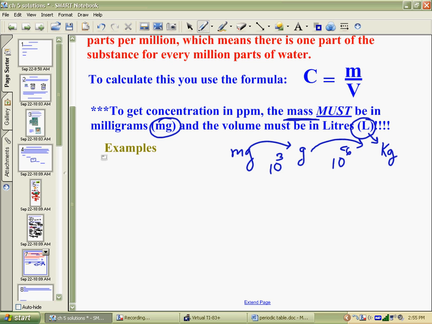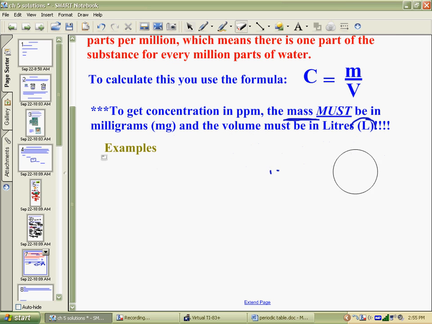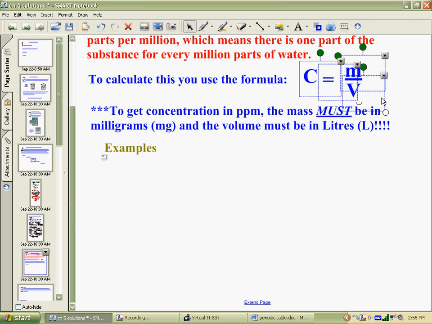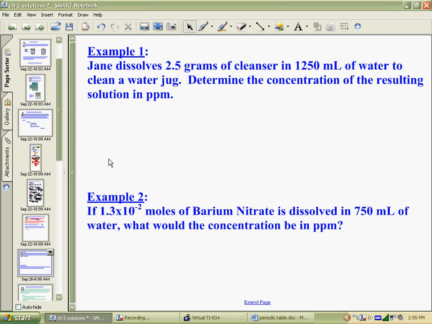That makes 10 to the 6 in total, a difference of a million. That's where the 1 in a million comes from. So the formula we need to use is concentration is mass over volume.